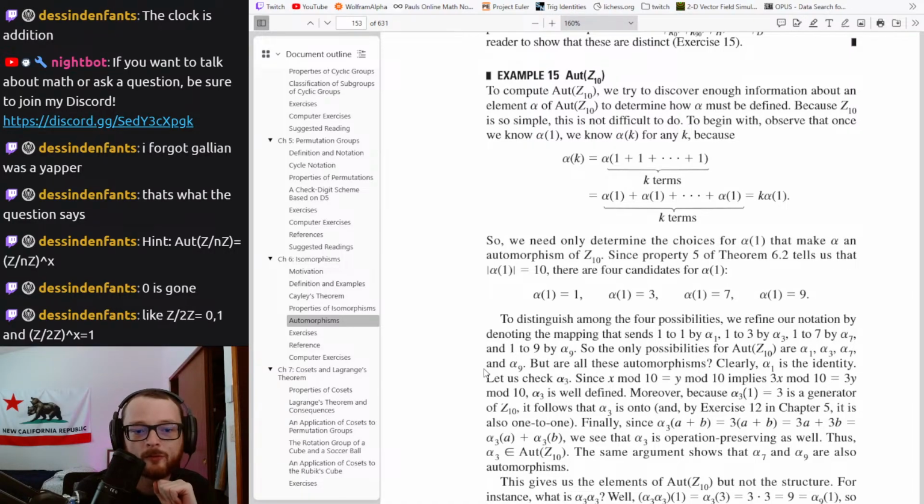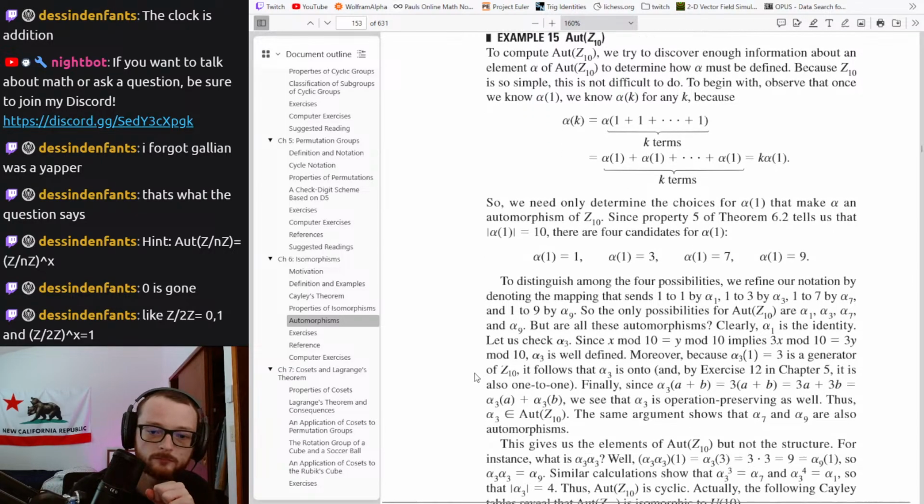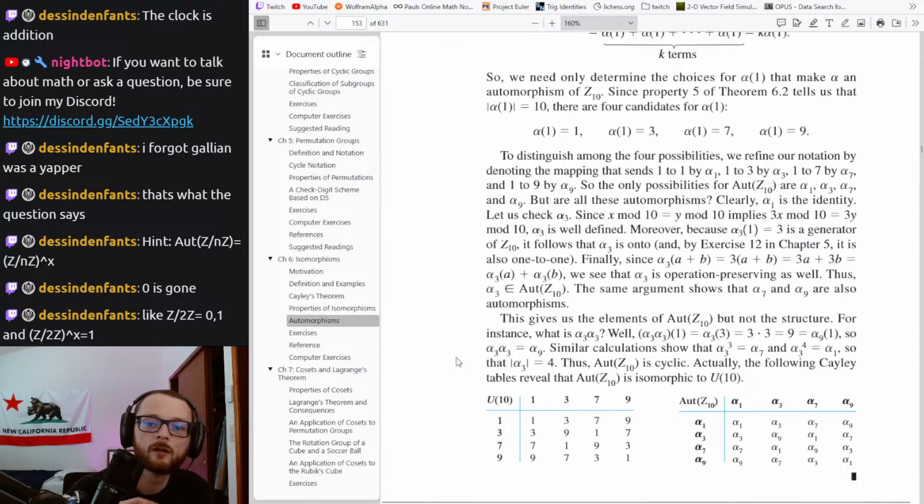Theorem 6.2 tells us the order of alpha of 1 is 10. There are 4 candidates for alpha of 1. Three x mod 10 equals 3y mod 10.